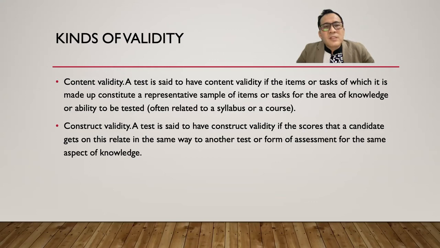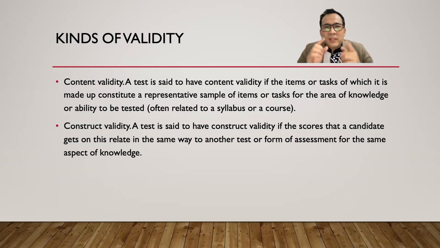Content validity means whether your assessment, or your items or tasks of the assessment, represent the area of knowledge or ability to be tested. So, for example, if you have some area of learning and that is your goal, then your test should represent those areas.